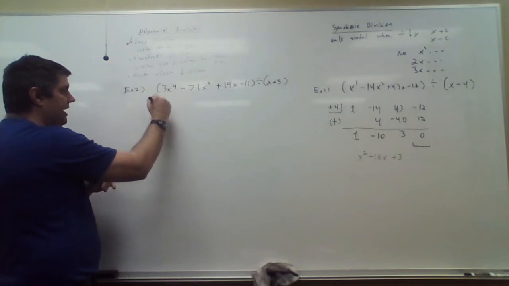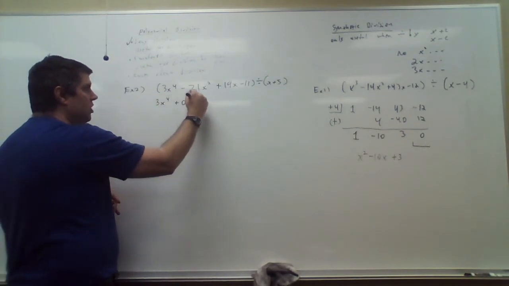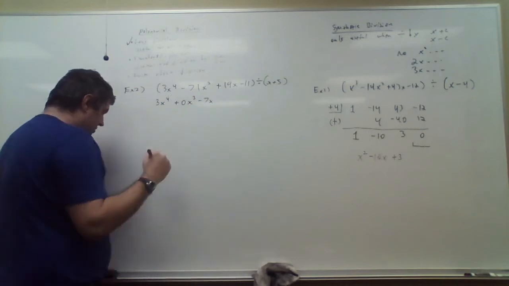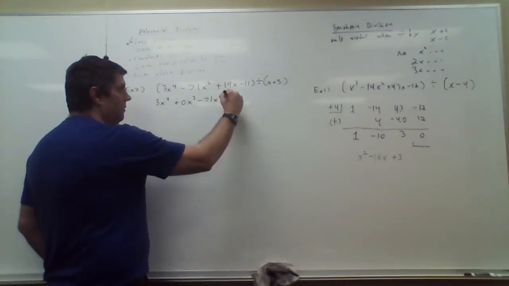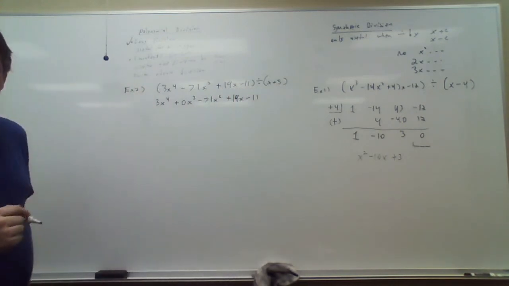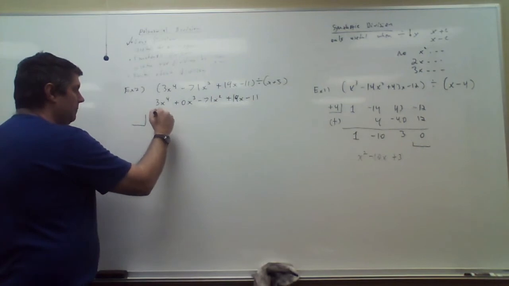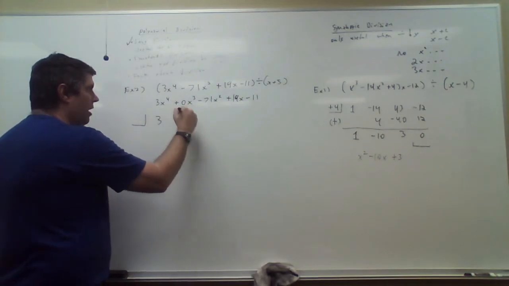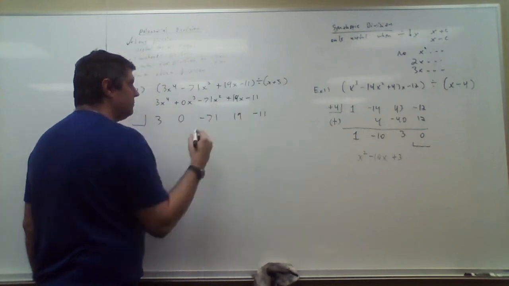So we need to treat this as 3x to the fourth plus 0x cubed minus 71x squared plus 19x minus 11. So, 3, 0, negative 71, 19, and negative 11.